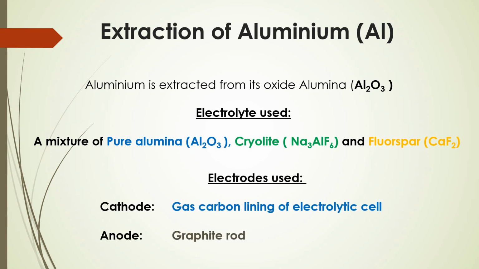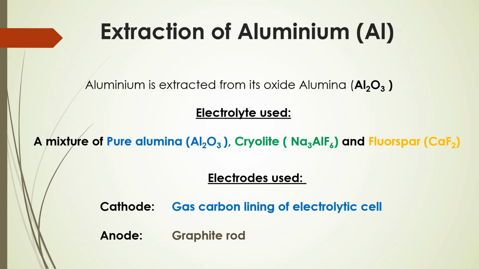The electrodes used in the extraction of aluminium are: cathode is made up of gas carbon lining of the electrolytic cell. On the walls of the electrolytic cell, a lining of gas carbon is made, and that acts as cathode. Whereas a graphite rod is used as anode in the extraction of aluminium.